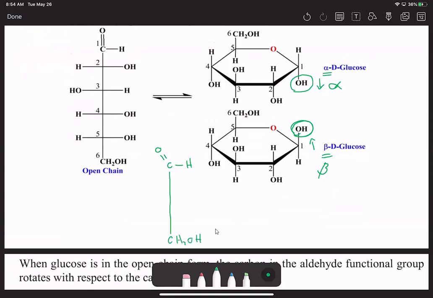So without drawing the rest of my carbons, there's my carbon number 1, and there's carbon number 6. And I'm just going to put the rest of them in here. So 2, 3, 4, 5. So now I have 6 carbons here. And then it's a pattern here. I start from carbon number 2, and I go right, left, right, right. There we go.